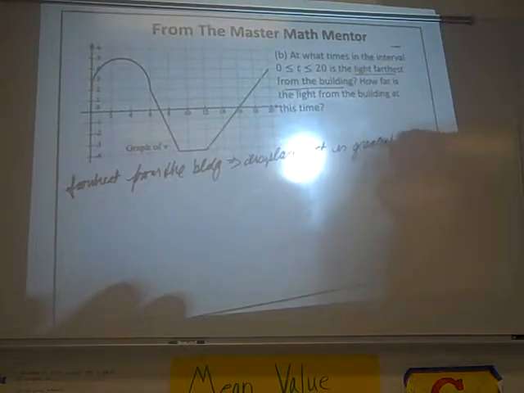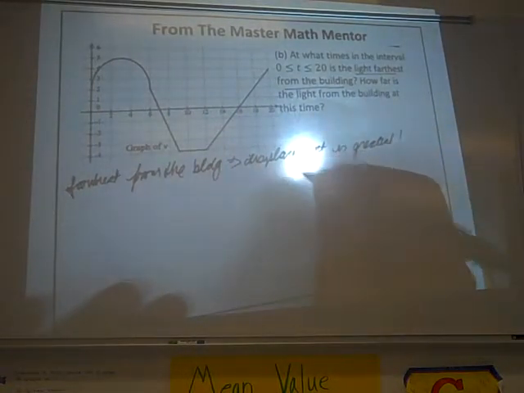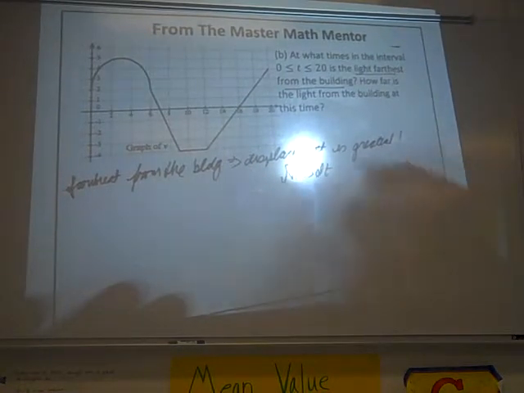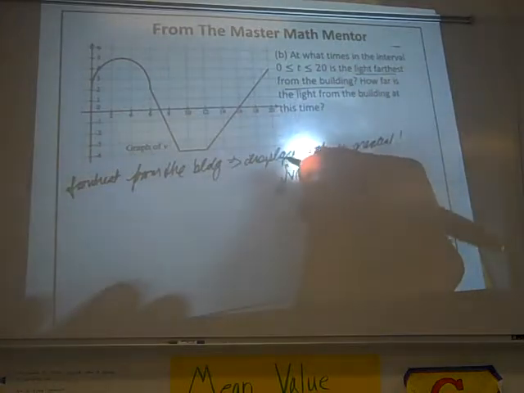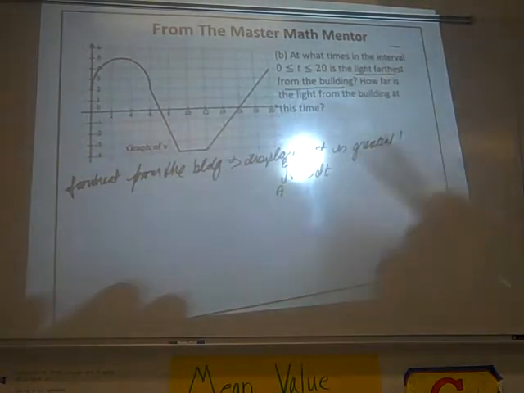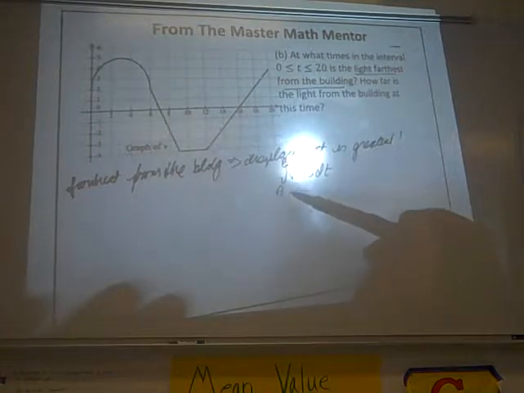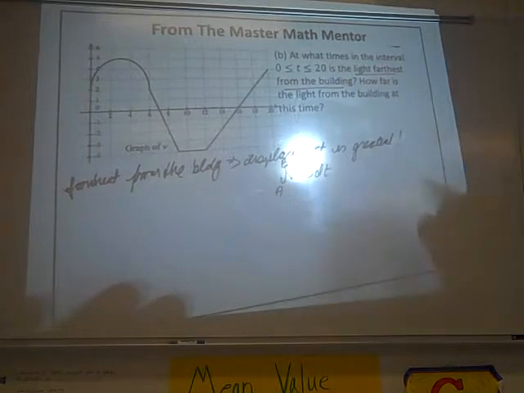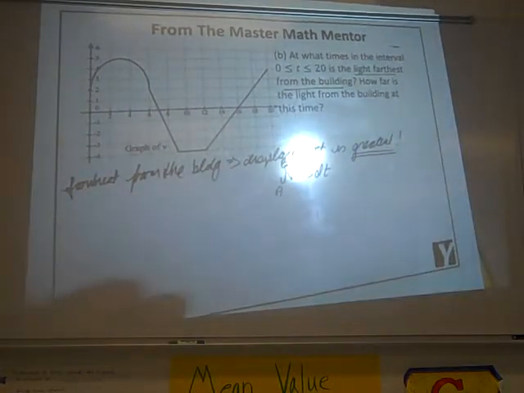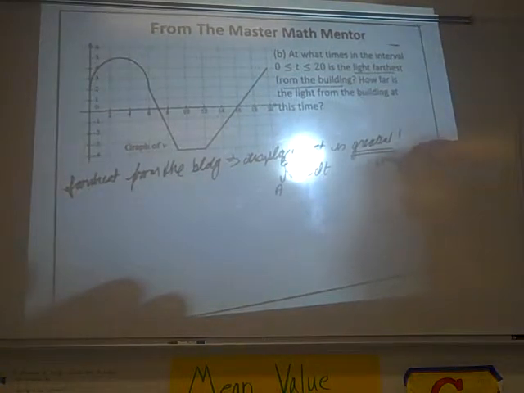Now, how do we find displacement? We find displacement by integrating velocity with respect to time from some point to some point. If I wanted to know the displacement from time A to time B, I integrate the velocity from A to B. Well, if I want greatest, as soon as I see that word greatest, I know that we have to look for an absolute maximum.